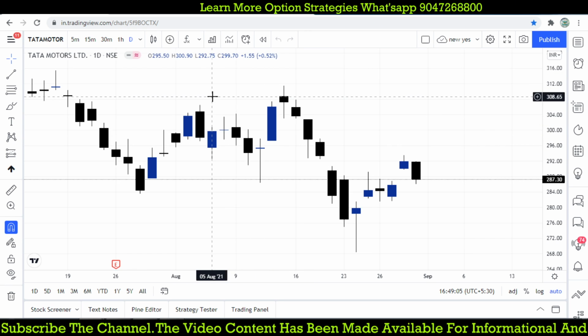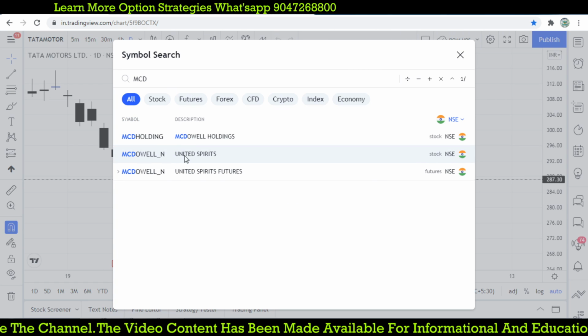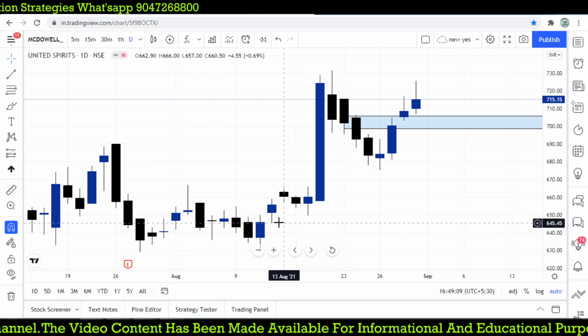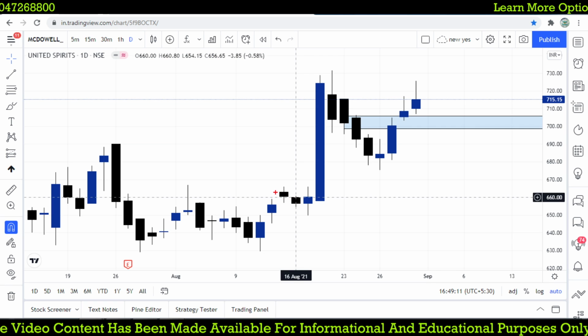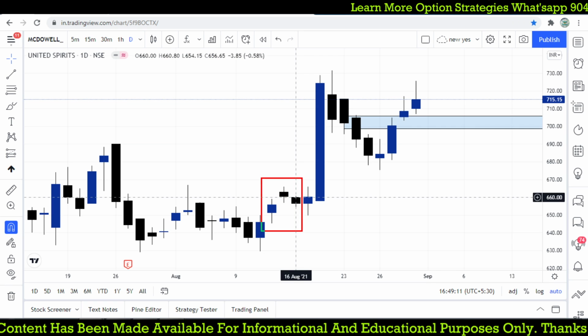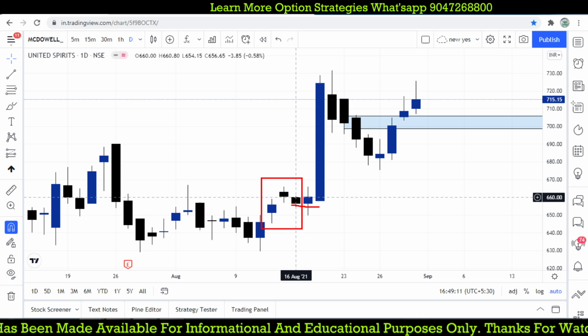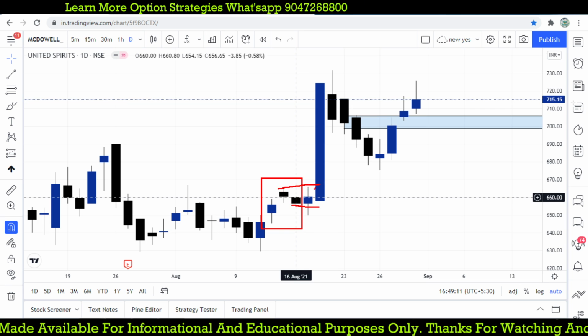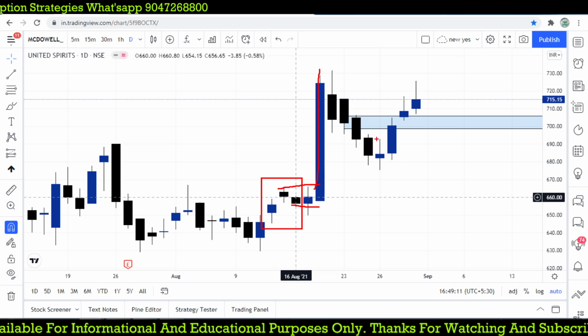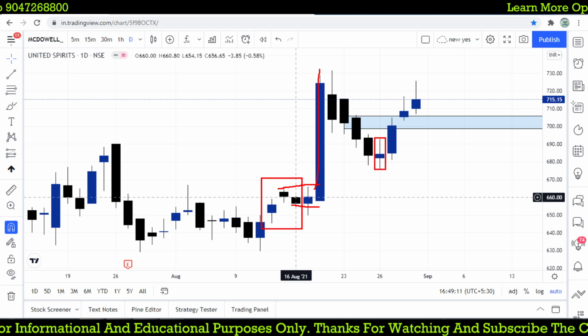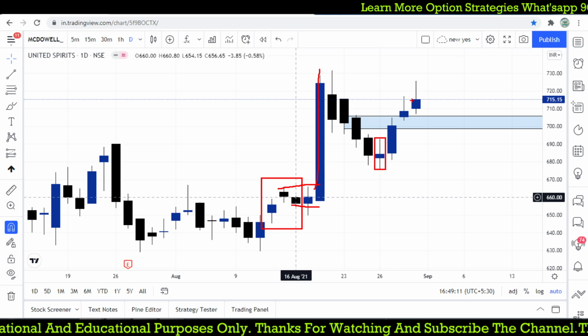On the same day I did McDowell, which was also an evening star, where you can see the evening star candle pattern forming at this particular area. But this one triggers your entry and then your stop loss. After the stop loss, again there is a candlestick pattern which forms. So now, reversal.